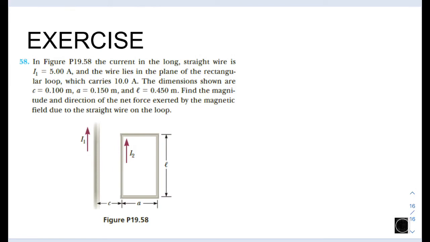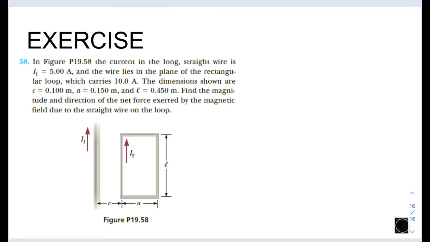So this is an exercise taken from your textbook, question number 58. In the figure, the current in the long straight wire is I1 equal to 5 ampere.